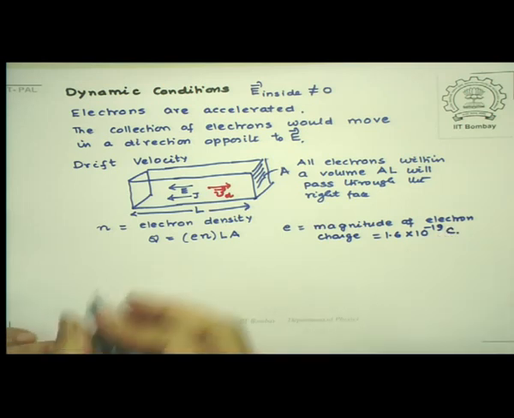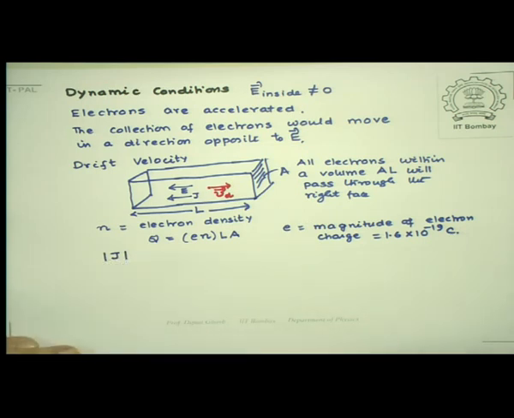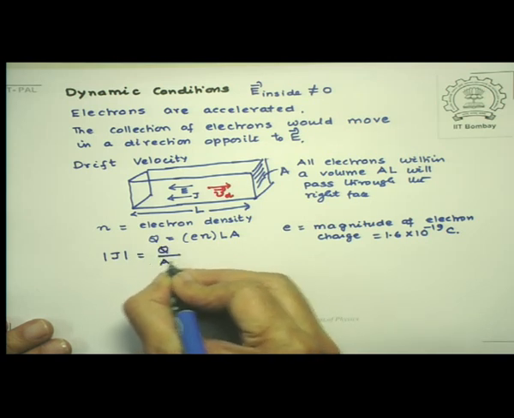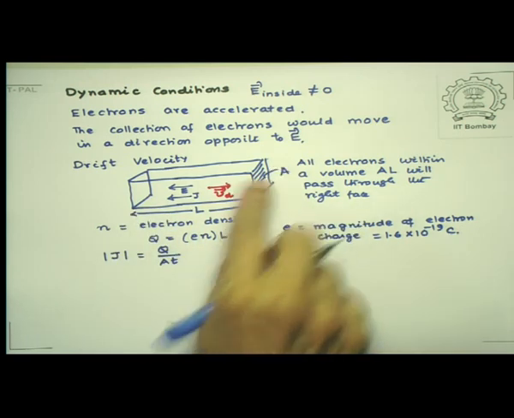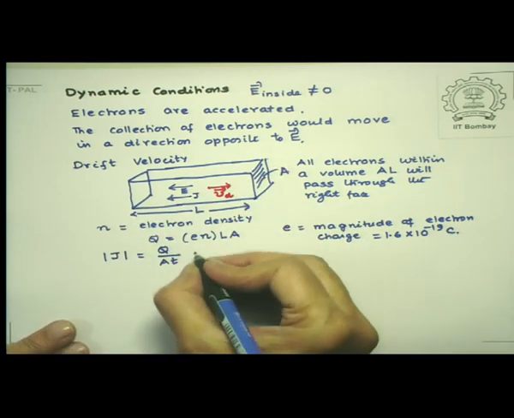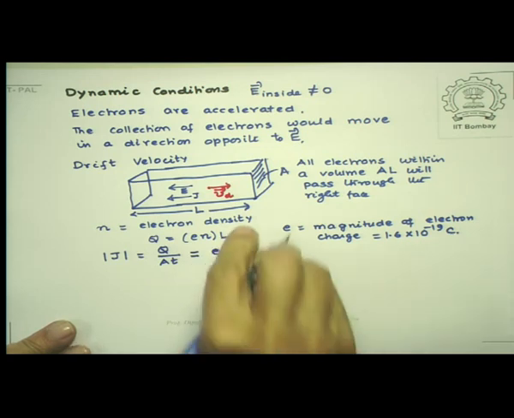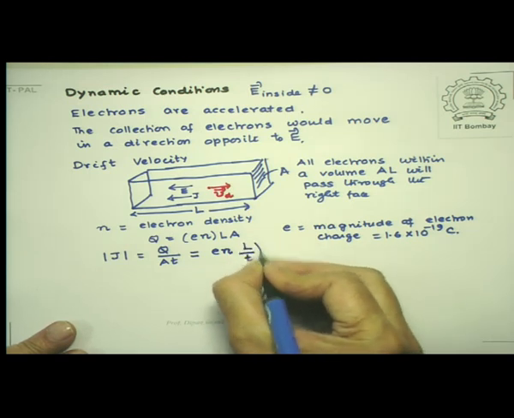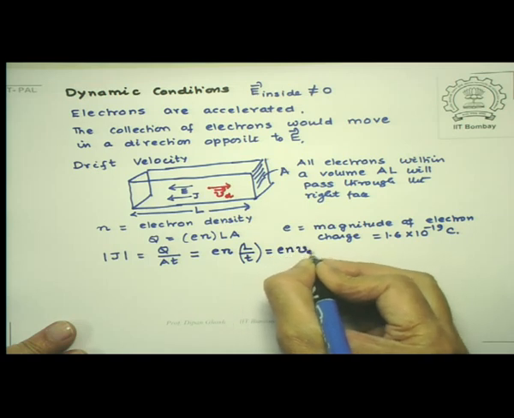Therefore, the current density is given by Q divided by A times T. This is the amount that has passed through this surface in time t. So, this is given by E times n. A has cancelled out, I am left with L divided by T. So, that is E times n times the magnitude of Vd.